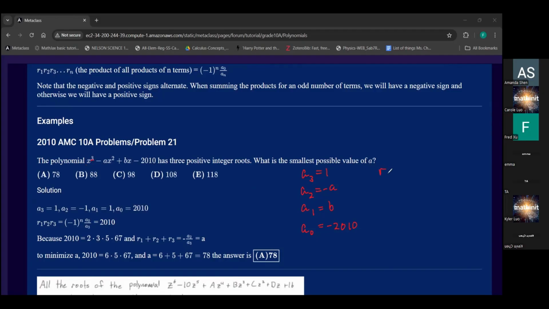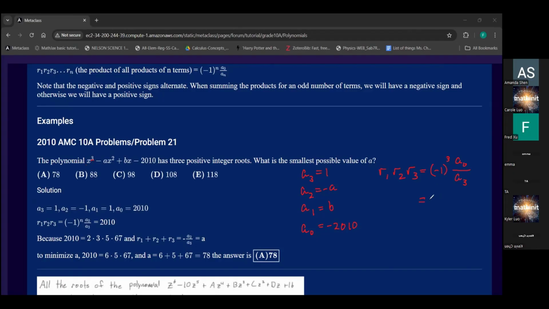So we have R1, R2, and R3, and this is equal to negative 1 to the power of n. n is 3 here, so this is 3 times a of 0 over a of 3, because a of 3 is the leading coefficient.